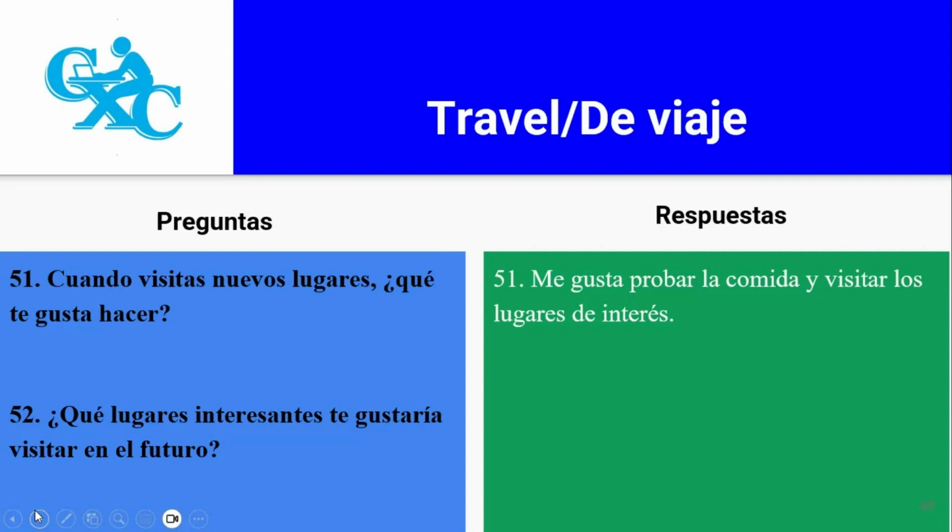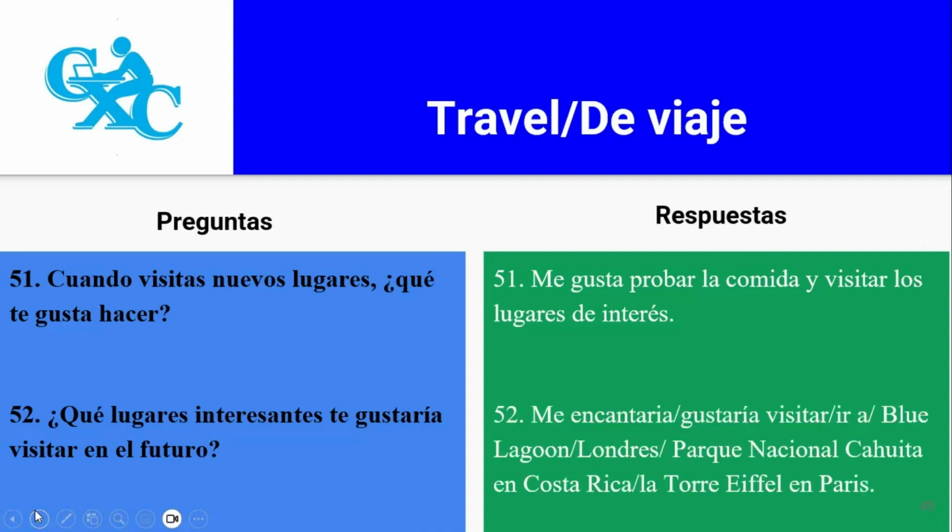¿Qué lugares interesantes te gustaría visitar en el futuro? Me gustaría visitar Blue Lagoon, Londres, Parque Nacional Cahuita en Costa Rica, la Torre Eiffel en París. Excelente. Oh, an accent is missing from Londres. Lo siento.